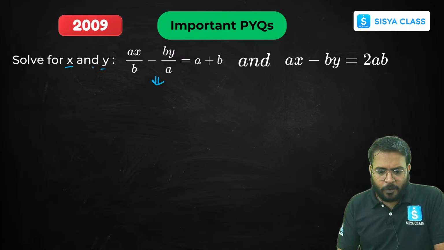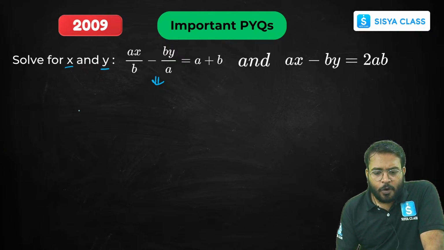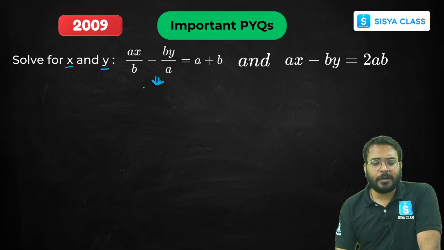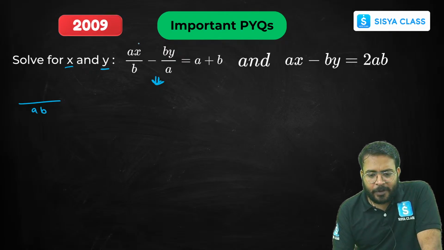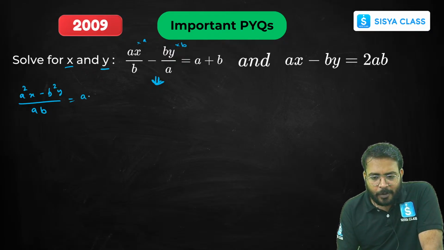Okay. Now look here, dear. Here we can take the LCM for the first equation. I am going to get AB in the denominator, and since we multiply with a, we are going to get a square x minus, here we multiply our numerator with b, and we get b square y, is equal to a plus b.